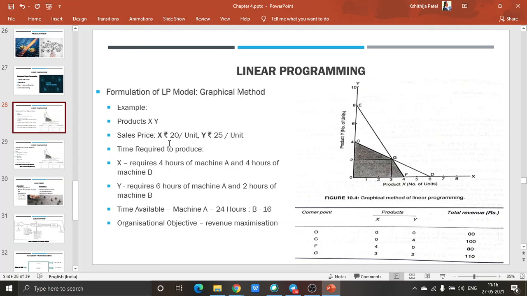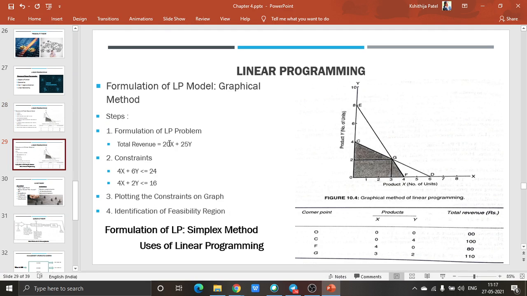That is, product X requires 4 hours of machine A and 4 hours of machine B, while product Y requires 6 hours of machine A and 2 hours of machine B. Therefore, various combinations of the two products can be produced within the constraint of time availability on these two machines.